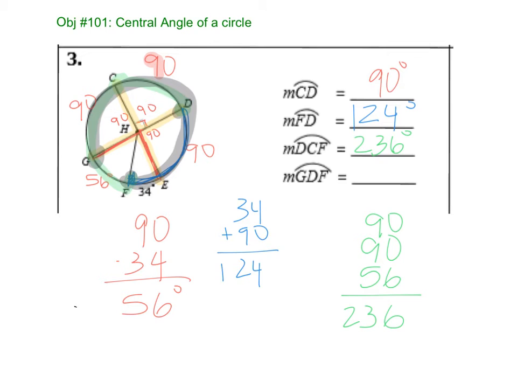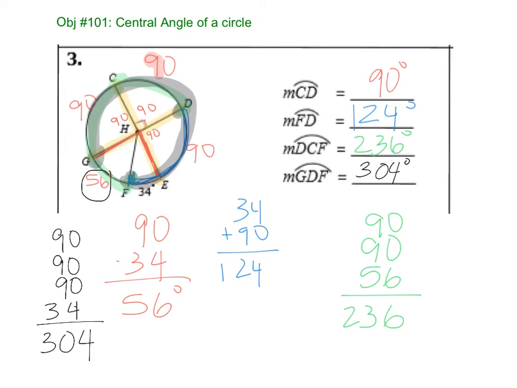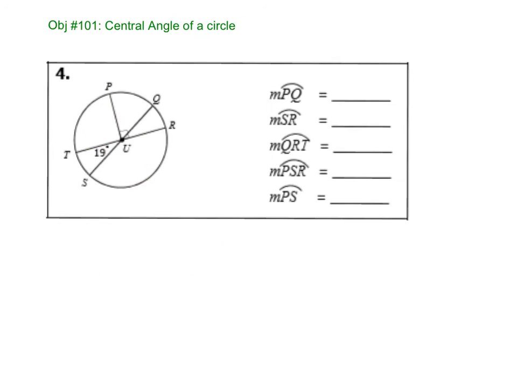We can add up 90, 90, 90, and 34. If you do that, it's 304. So you can do it that way. The way I think about it is the gray is the entire circle except for 56. So I do 360 minus 56. And I get 304. Either way, they're both correct.